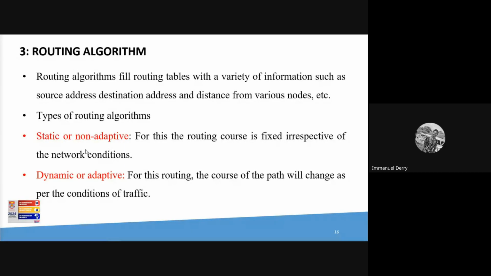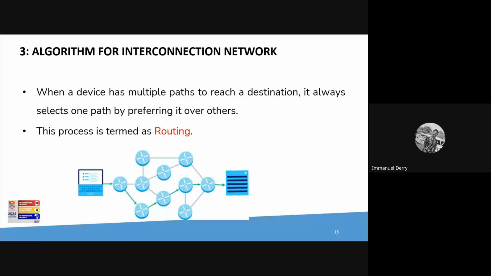Assuming we have several paths in this particular network here, if we are going by the static or non-adaptive, it means that the path from this laptop, where we route information to this server, is fixed, regardless of any constraints that we set on the various paths.